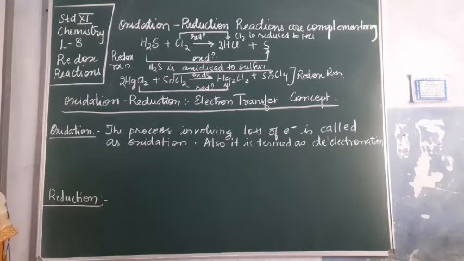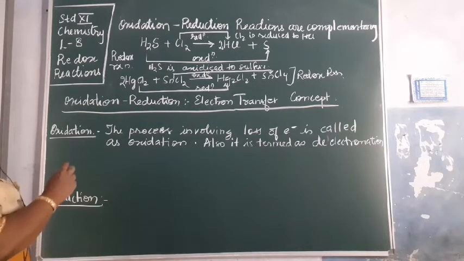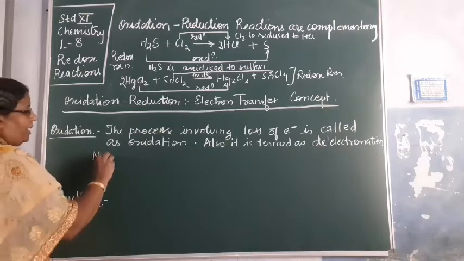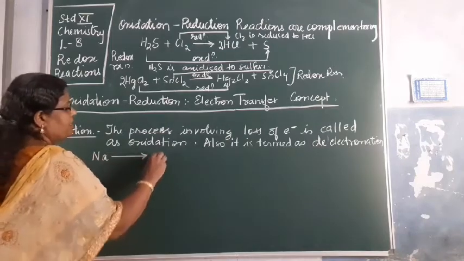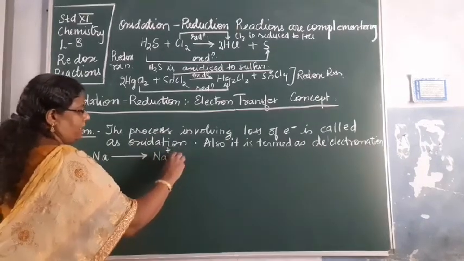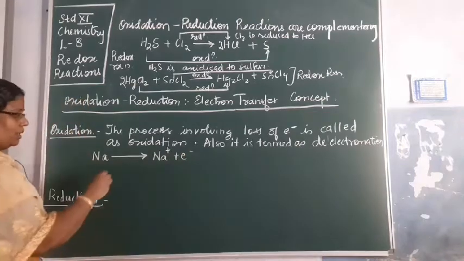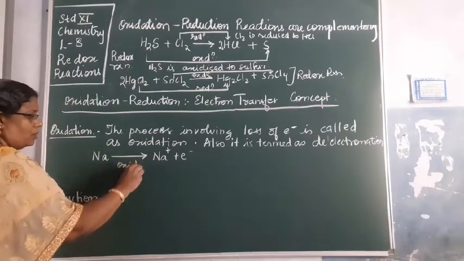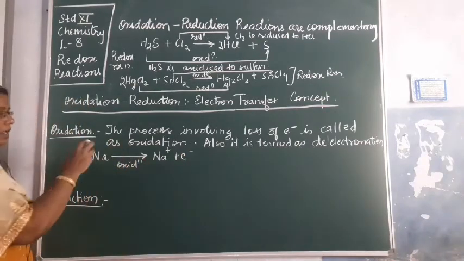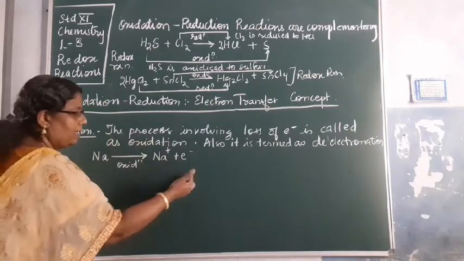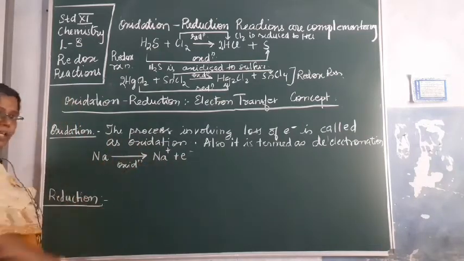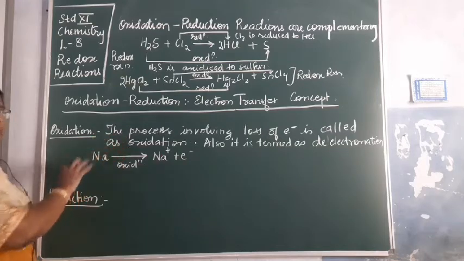Okay. Say for example, Na loses its electron to give Na plus and an electron. So this is an oxidation reaction, because Na is losing the electron; Na is getting oxidized according to this definition.